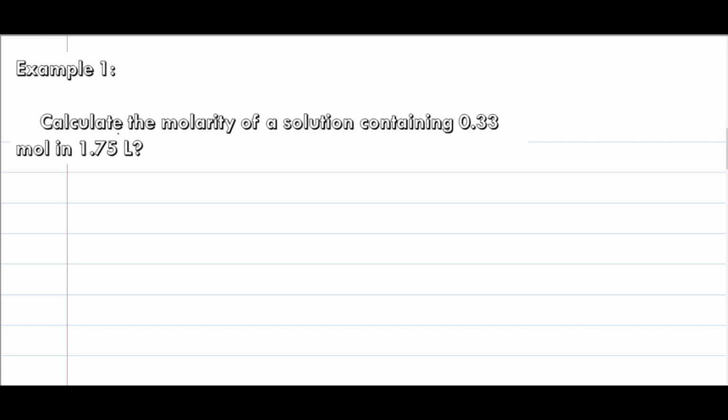For example, calculate the molarity of a solution containing 0.33 mole in 1.75 liters. The formula is M equals n over V. Our n is 0.33, and our V is 1.75 liters, that is our volume.